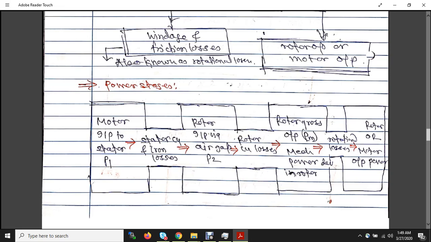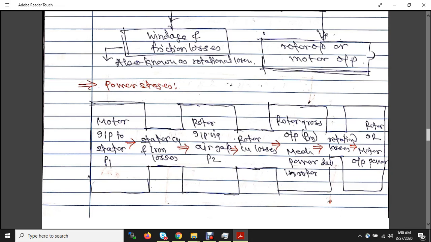Now if you travel from right to left, that is from the output power to the input power, we have to go on adding the losses. So see here, the motor output at the shaft plus rotational losses gives the rotor gross output, that is PM, the mechanical power developed. Plus rotor copper losses, we will get the rotor input via air gap.